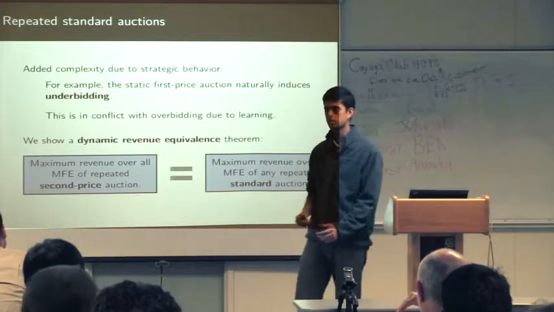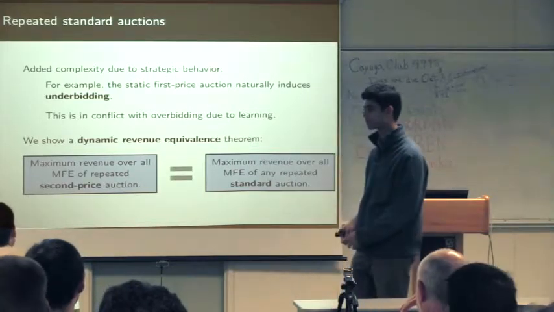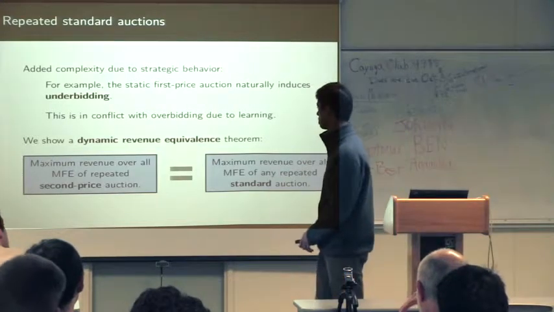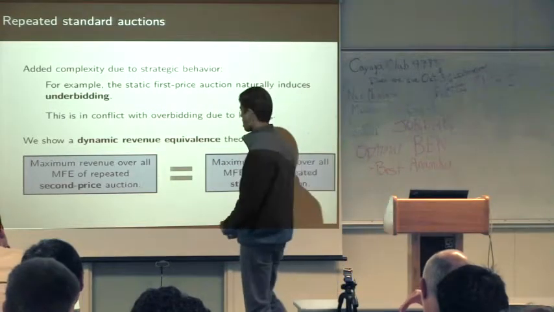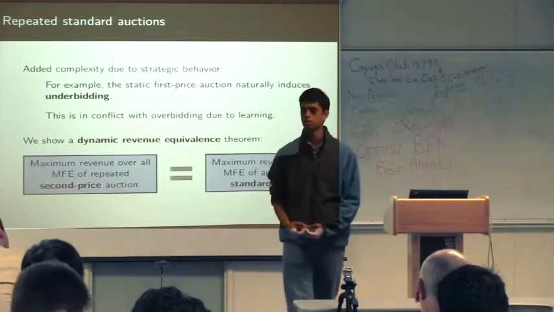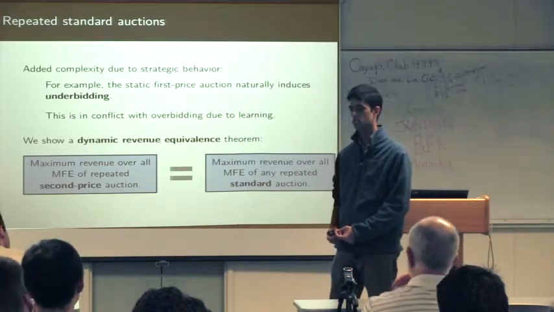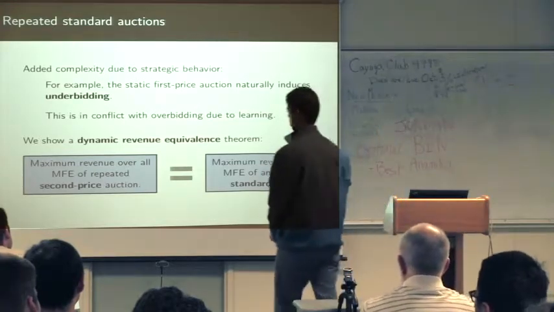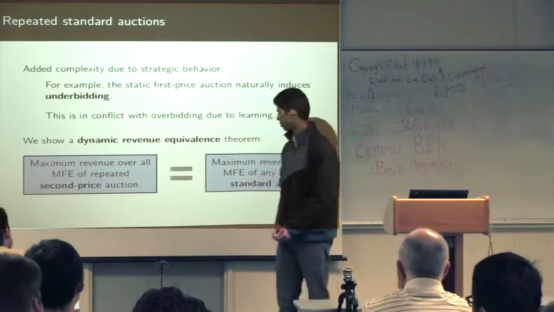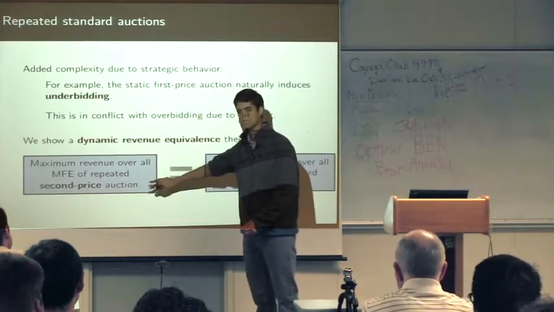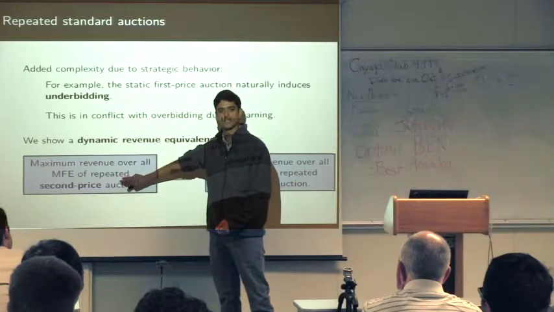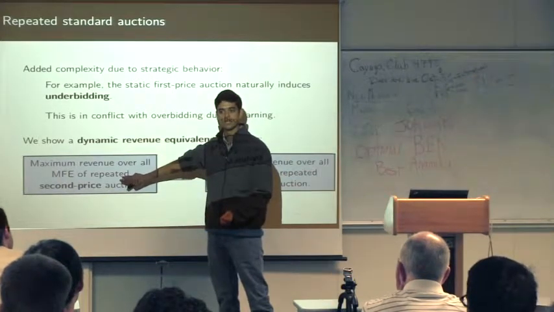Is it known whether there's a revenue equivalence theorem for PBE in place of MFE? I don't know of a revenue equivalence theorem for PBE. I don't think there is one. But even here, there is some complexity because we don't show uniqueness, as I mentioned.